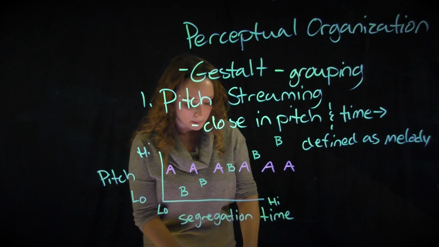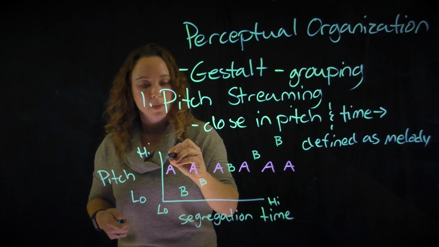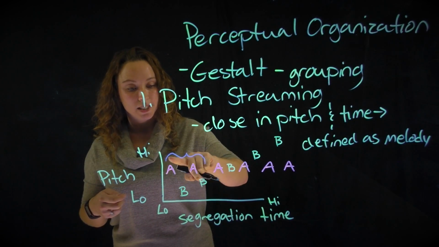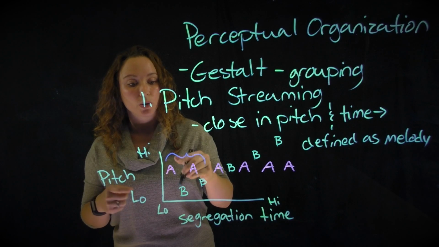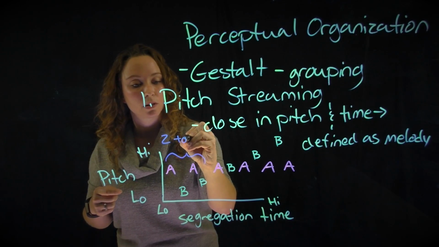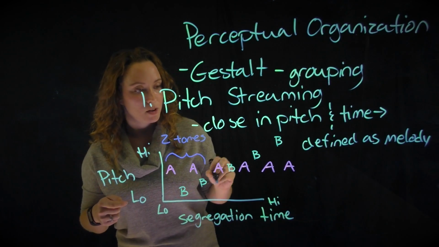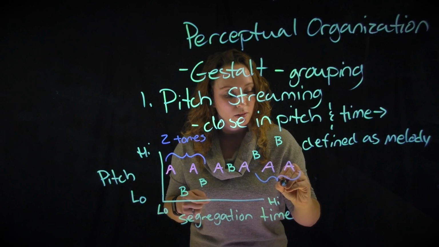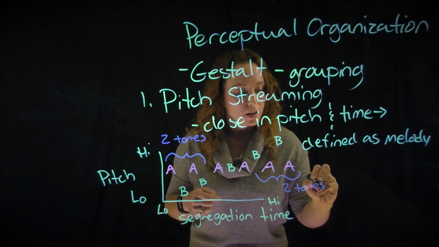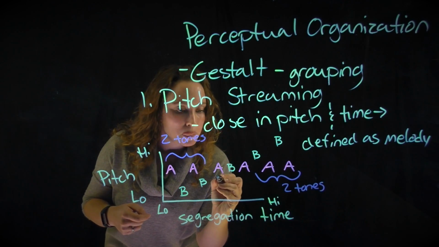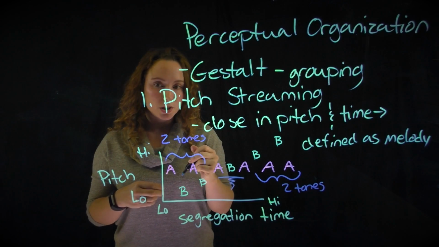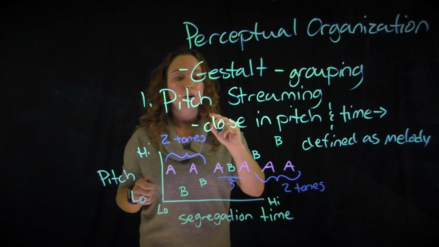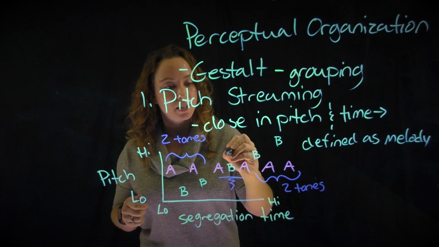And so what will happen is that here, because the tones are separate in pitch, you'll hear two separate tones. And that'll also happen here. But here, because the tones are close in pitch and time, you'll actually hear one tone that is oscillating.